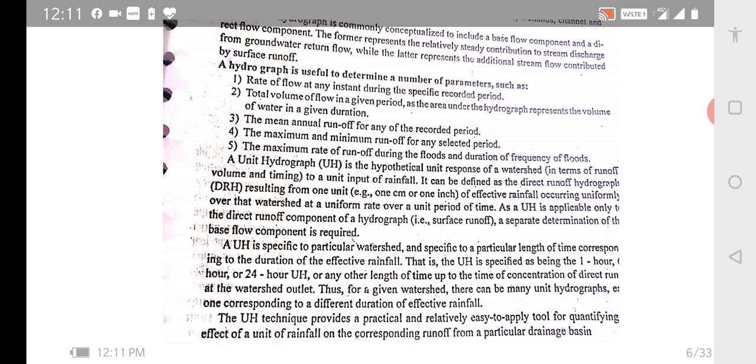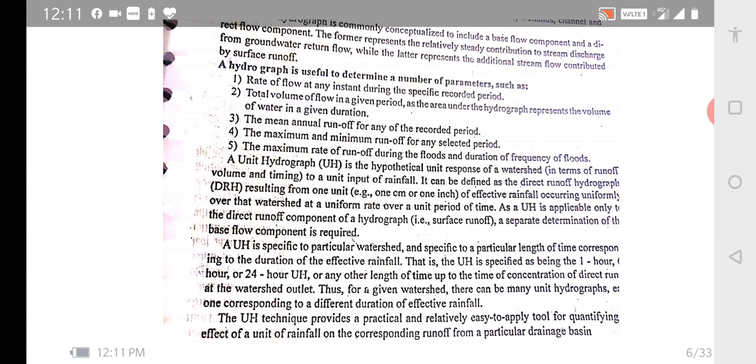As the unit hydrograph is applicable only to the direct runoff component of a hydrograph, a separate determination of the base flow component is required. A unit hydrograph is specific to a particular watershed and to a particular length of time corresponding to the duration of the effective rainfall.